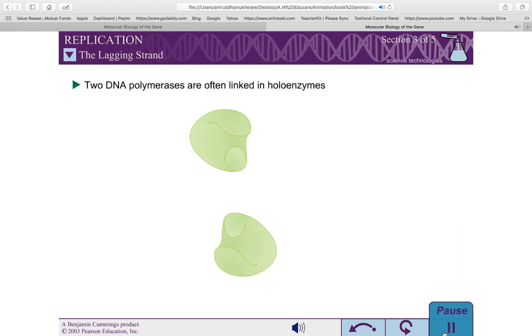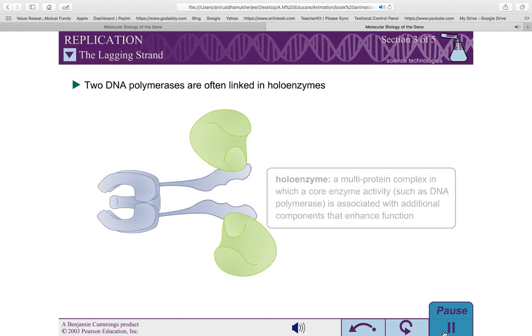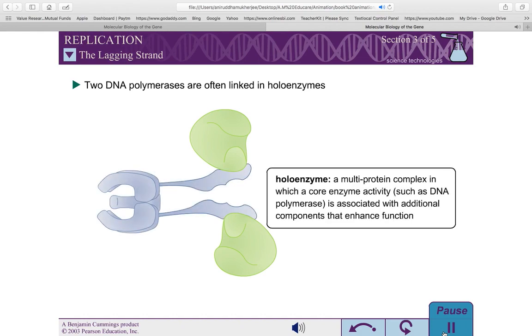In bacteria, the 2 DNA polymerases responsible for replicating the leading and lagging strands are linked together in multi-protein complexes called holoenzymes. How do 2 DNA polymerases remain linked and yet synthesize DNA on both the leading and lagging strand?